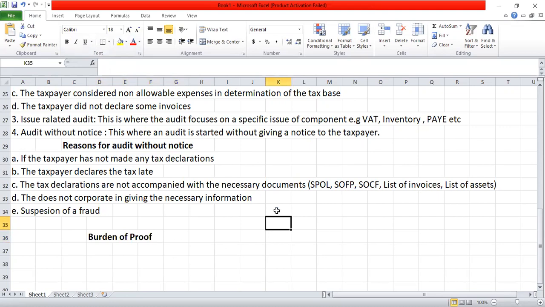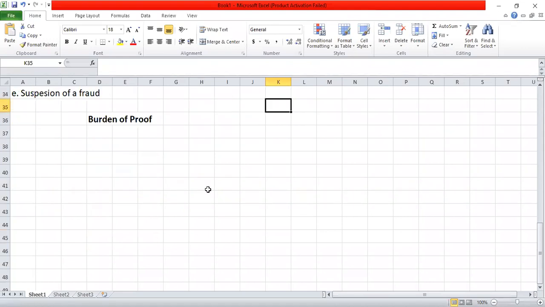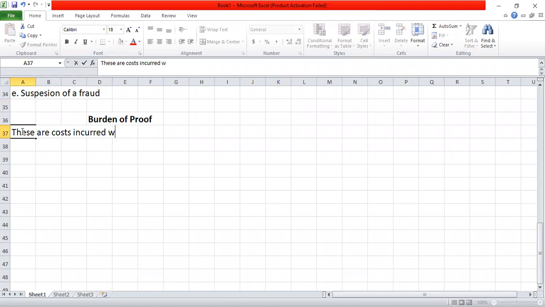When we say burden of proof, these are costs that are incurred when establishing an affidavit, or establishing evidence.